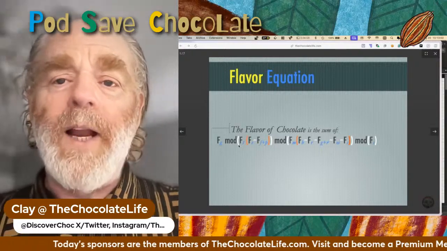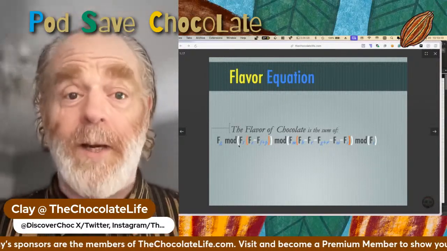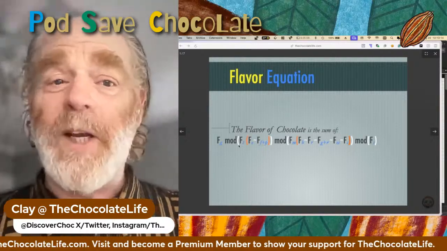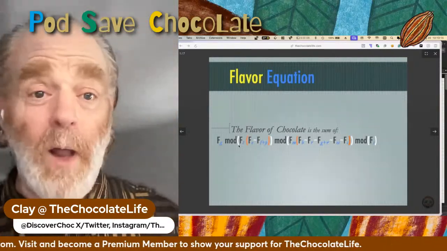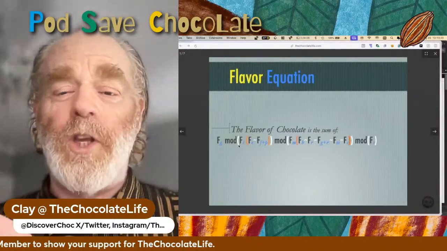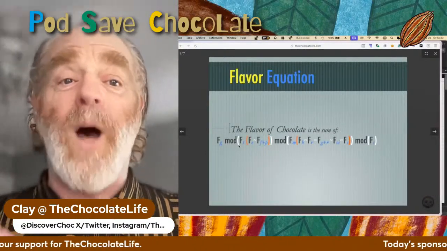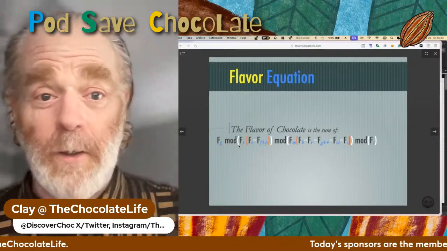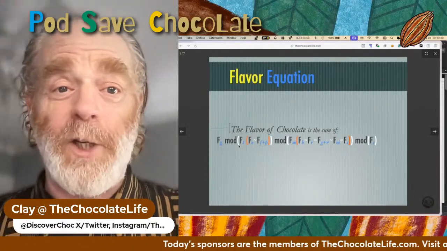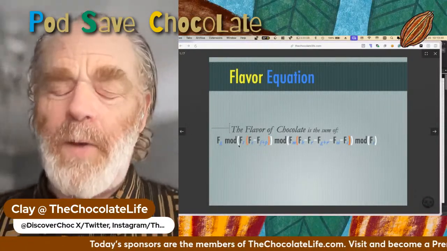Right? But the genetic potential represented by the trees, and I should actually say that that genetic potential is also modified by pollination. So the genetics of the tree that donated the pollen to a particular pod is going to have an influence on the flavor potential of the beans from that pod.